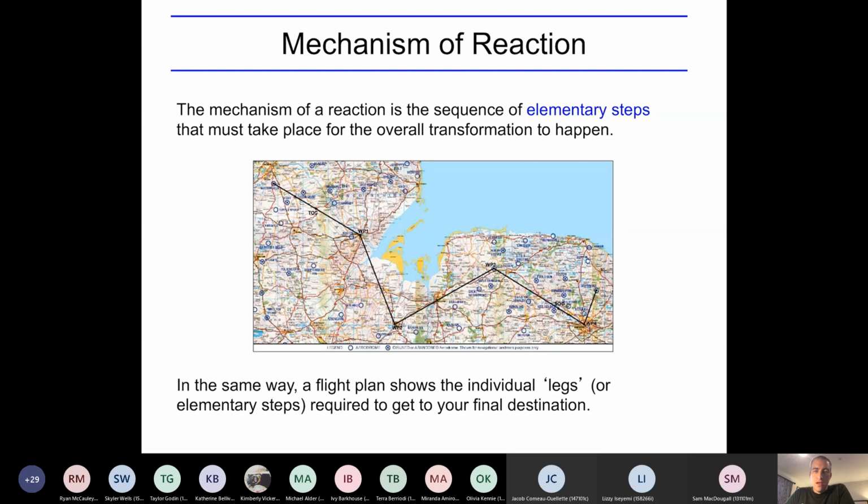There are no stopovers, and that's about as direct as you could possibly imagine flying from Halifax to Victoria. You could imagine instead another example where you have a stopover in Montreal. You fly from Halifax to Montreal, have a stopover, and then fly from Montreal to Victoria. That would be a two-leg flight, with one stopover halfway through.